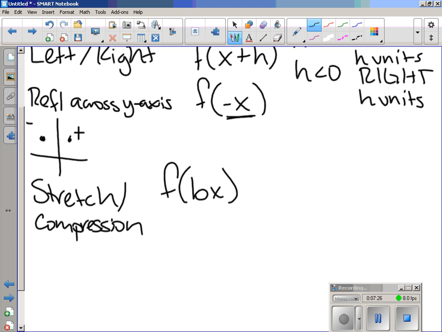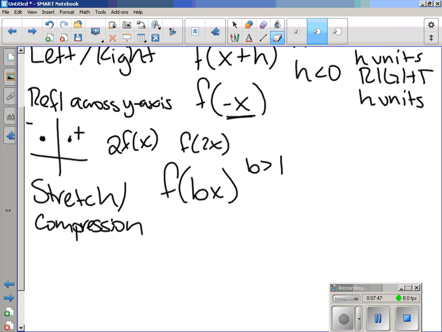Now, if B is a value greater than 1, like 2 or 3, you would expect that that's going to be a horizontal stretch, because that's what it would be vertically if I had the 2 out in front.